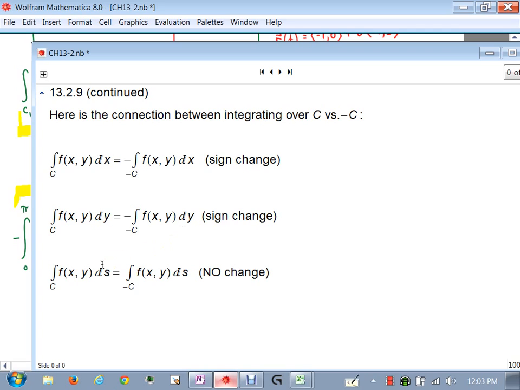But if it's with respect to arc length, it doesn't matter which direction you go, you're still going to get the same value. It has to do with the time in the formula. The change in time is backwards, which gives you the negative on these two.